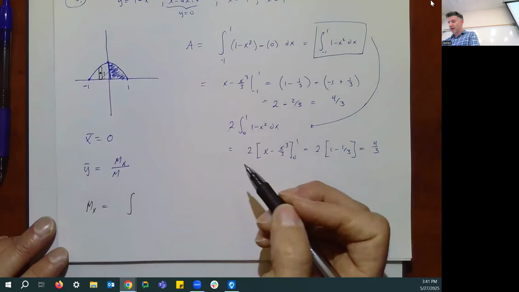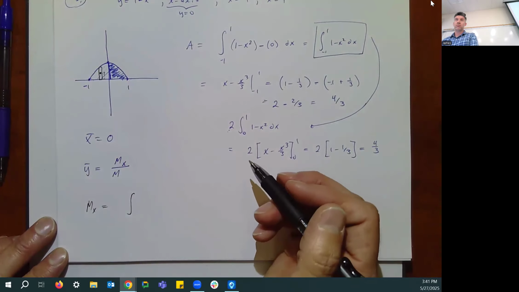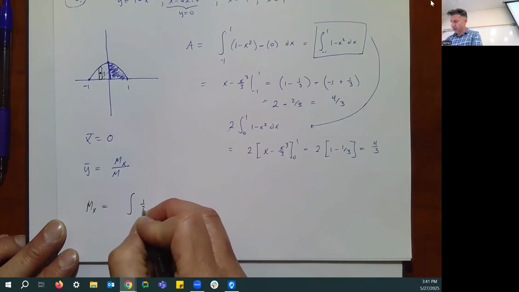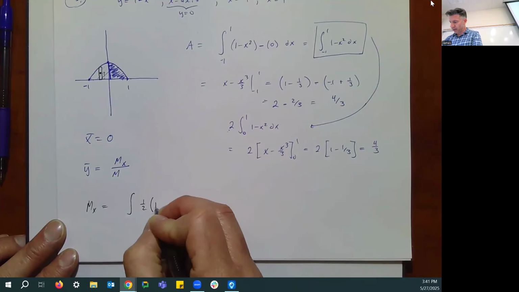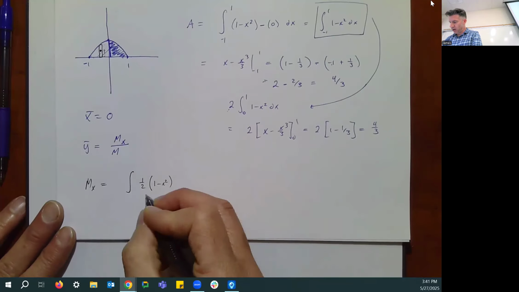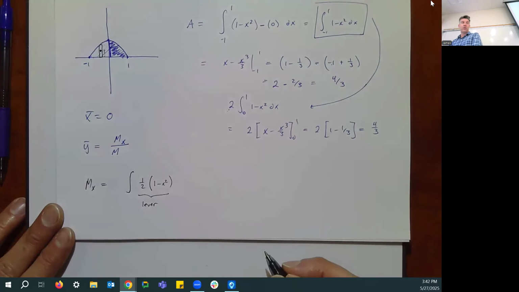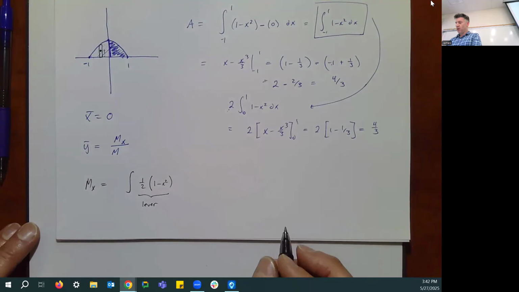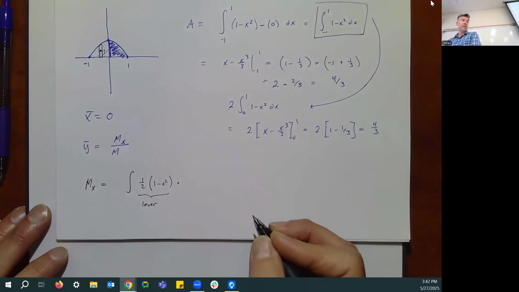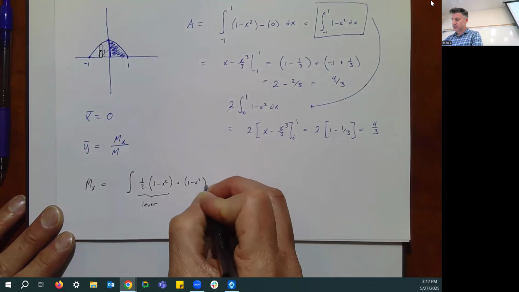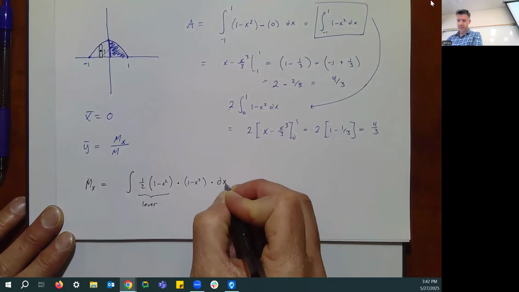So that's just going to be half of the function, 1 minus x squared. So it's going to be 1/2 times our function, 1 minus x squared. That's our lever arm, or the distance to where our strip's mass is all centered, multiplied by the area of the strip, our height times our width.